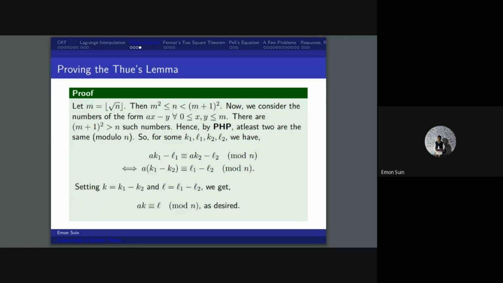But since ax minus y can take greater than n values, therefore the number of remainders will be greater than n.